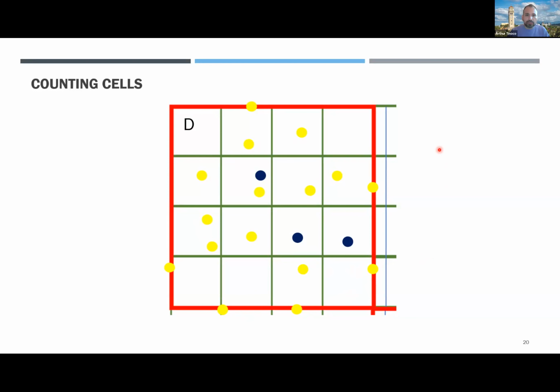What did you count? 16. And how did you count that? The yellow dots. Okay, so does everyone agree with Oscar? No. I think it's 14. It's 14. Okay, 14.